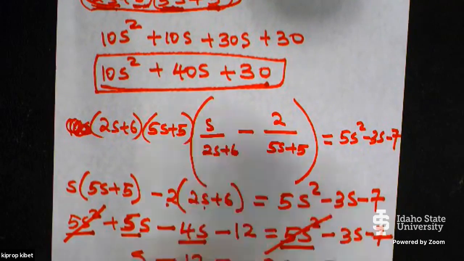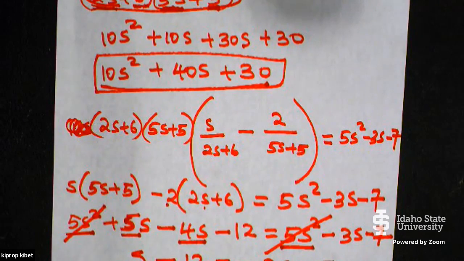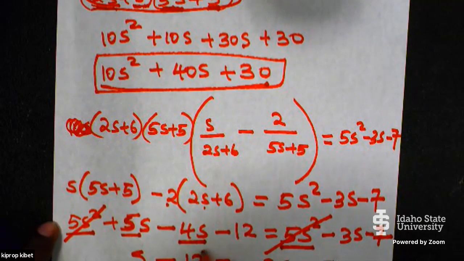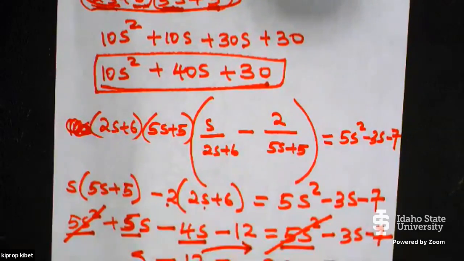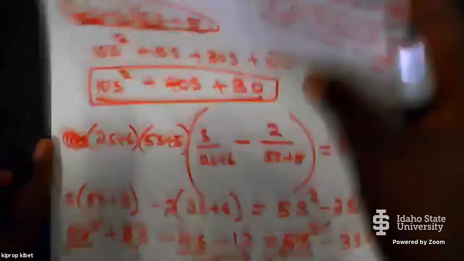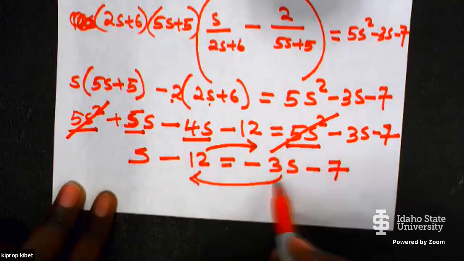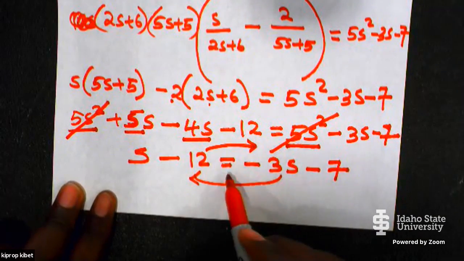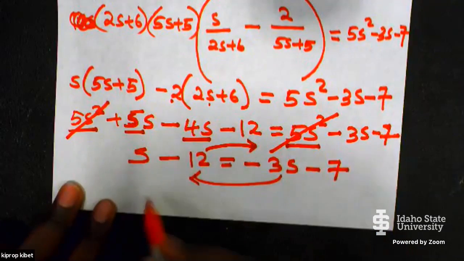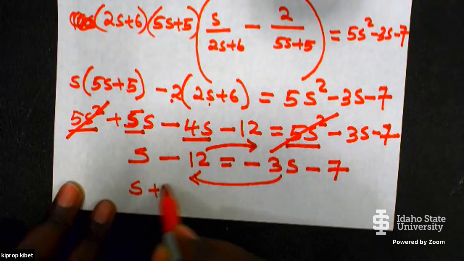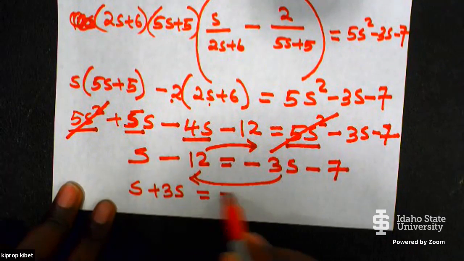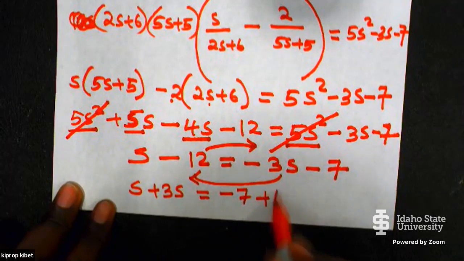So you can bring s to this side, and then you take minus 12 to the other side. So you take minus 12 to the other side, and then you bring minus 3s to this side. So it will be s plus 3s equals to minus 7 plus what?